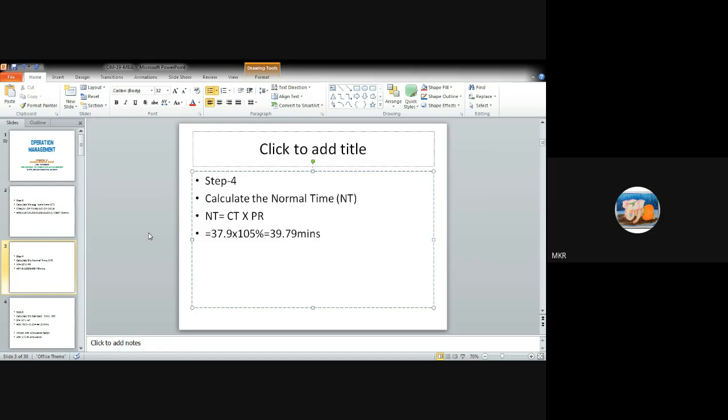Okay, fine. Then next, write down work sampling. Under that, write down the first point: work sampling is also a technique for calculating standard times for activities.